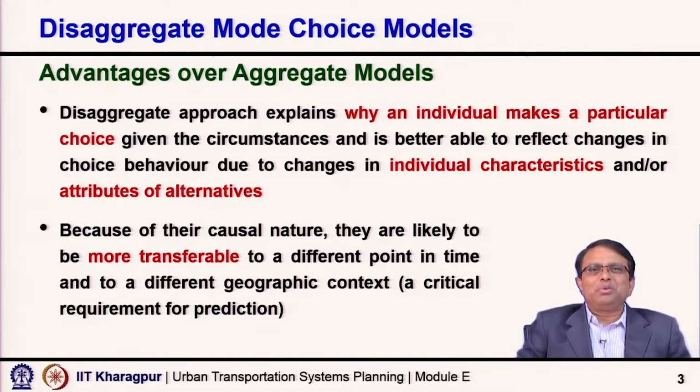Once you come to individual level characteristics, based on income, gender, age, and based on transport system characteristics, how the decisions are made. So, generally, though not always, these models are much more transferable both in terms of time and geographical region as compared to aggregate models, because aggregate models do not consider this individual level causal relation.